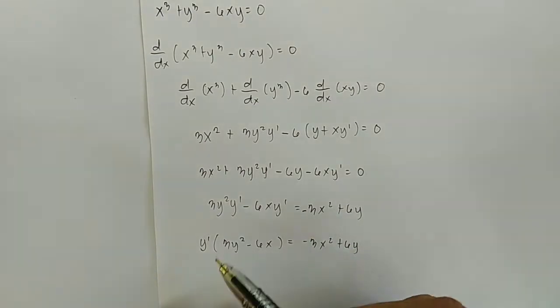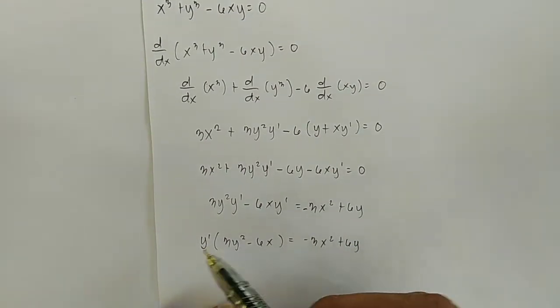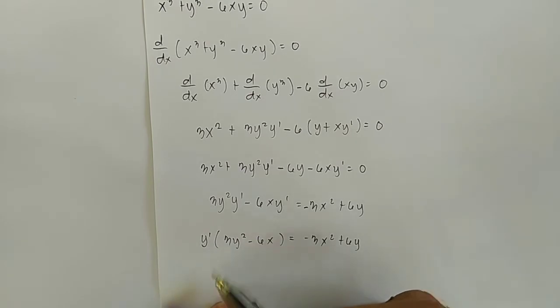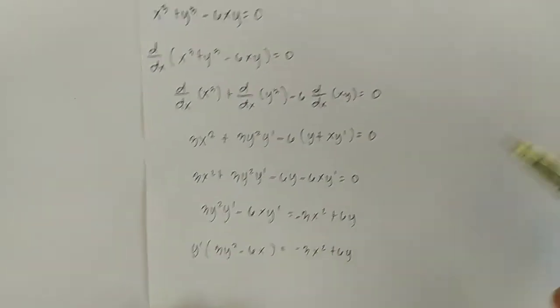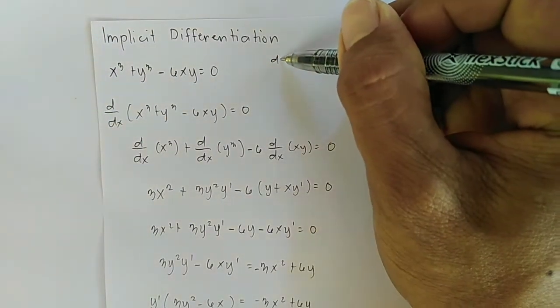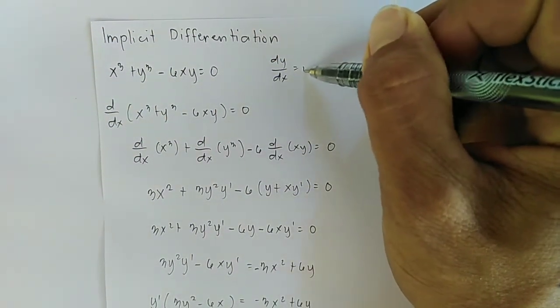Since y prime is equivalent to dy over dx, the notation for the derivative, we know that dy over dx is equal to y prime.